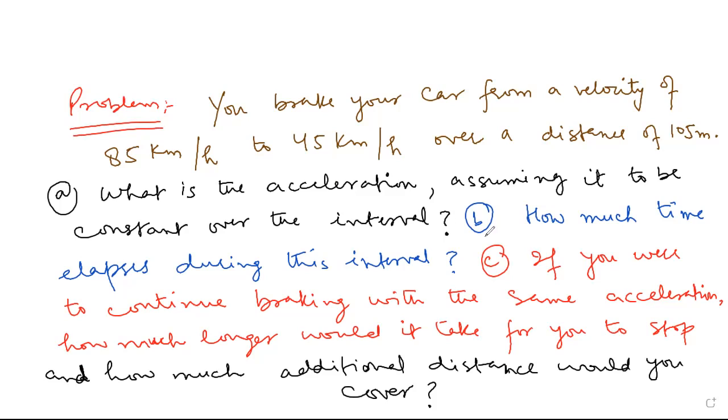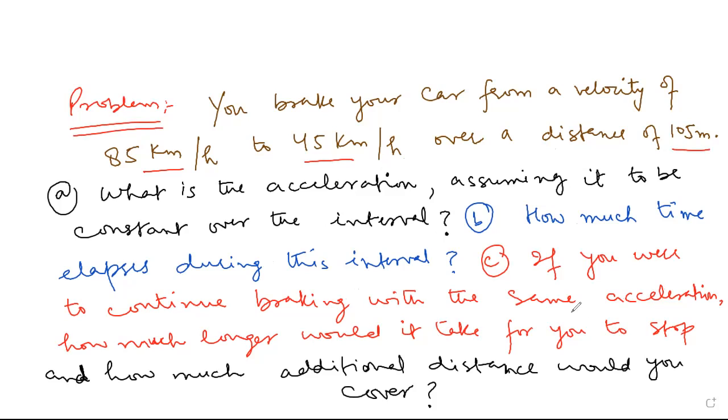So first we are moving at this 85 kilometer per hour speed. Then we begin braking and reduce this speed to 45 kilometer per hour. Then during this process, we move 105 meter forward. We are asked to find the acceleration and the time which elapses during this process. And in part C, we are asked to find how much longer would it take for us to stop.